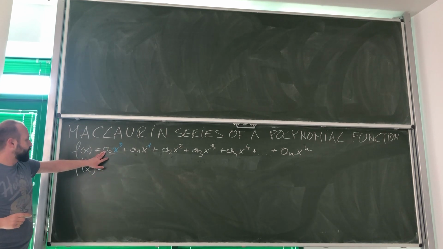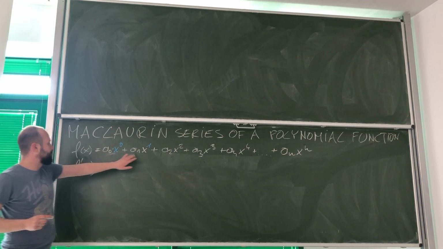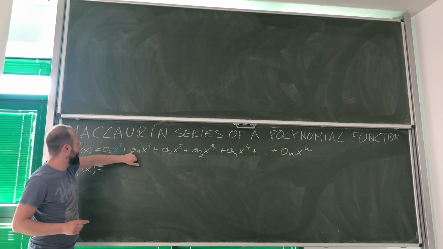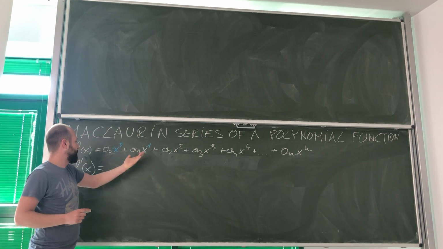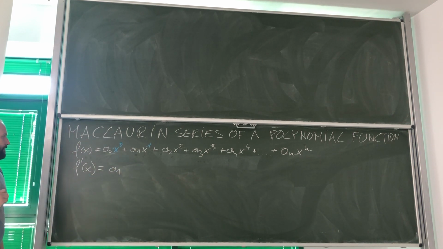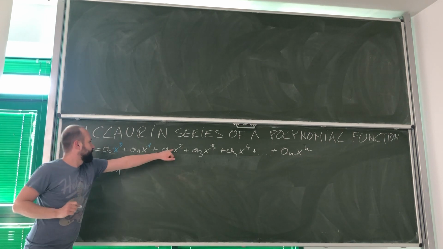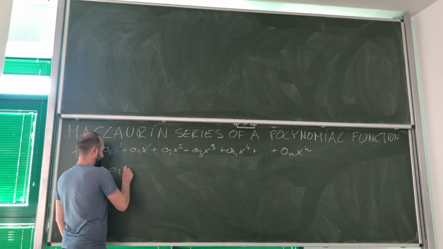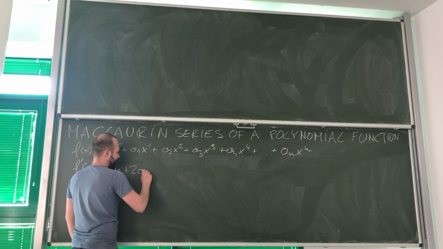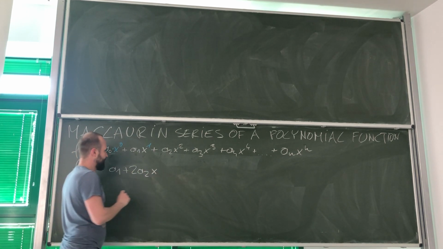So here we've got just a constant, so it's gone. So this is 0. Here we've got a1 times x to the power of 1, so we've got a1. Okay, then what happens over here? Plus, we've got 2a2x.